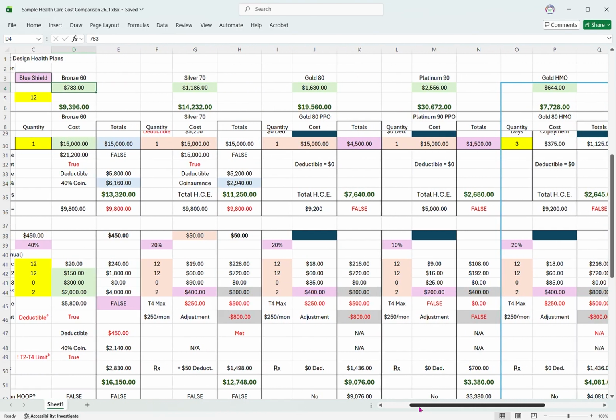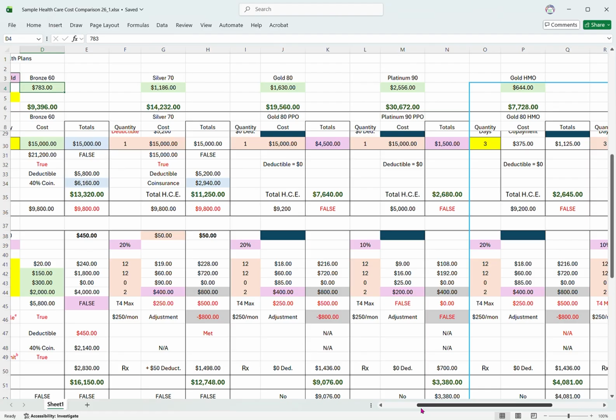On the silver, gold, and platinum plans, the T4 drugs, tier 4 drugs, are limited to $250 per month. So if a drug exceeds $250 after the deductible has been met with the silver plan, gold and platinum have no deductibles, then I have set up the worksheet to adjust for that. It subtracts out what the cost of the drug is under coinsurance and backfills with the maximum 250, and then totals up the drug costs.